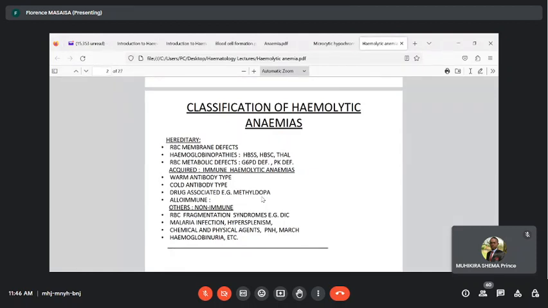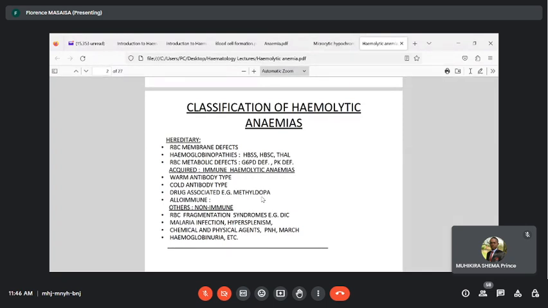In hereditary, we have red blood cell membrane defects, hemoglobinopathies, and red blood cell metabolic defects. Those are conditions which are hereditary, which you get from parents, and which may cause hemolysis. In acquired, you have immune and non-immune. Among the immune, you have the warm antibody type, the cold antibody type, and drug-associated.